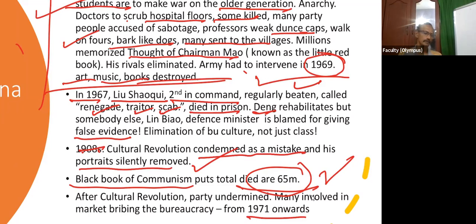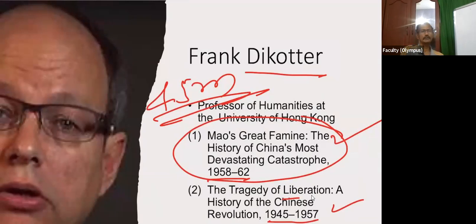And by the 1970s, many were involved in informal markets, bribing the bureaucracy. So Dikotter says that it was not really Deng who brought market reforms, but the people who brought market reforms in China, and Deng only followed those reforms.